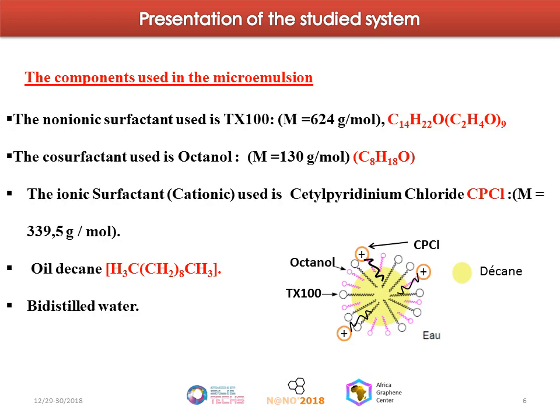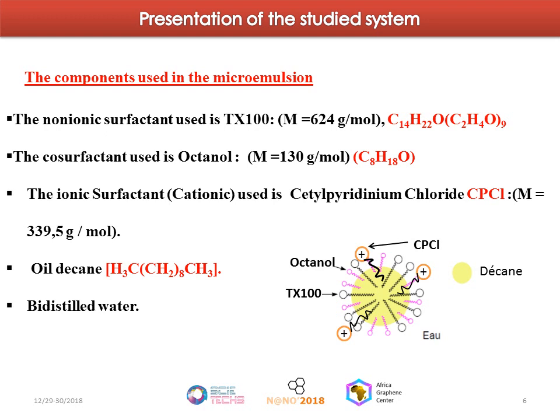And for the components used in the microemulsion, the first component is the nonionic surfactant, Estrogen 100. It has a molar mass of 624, and the co-surfactant used is octanol.